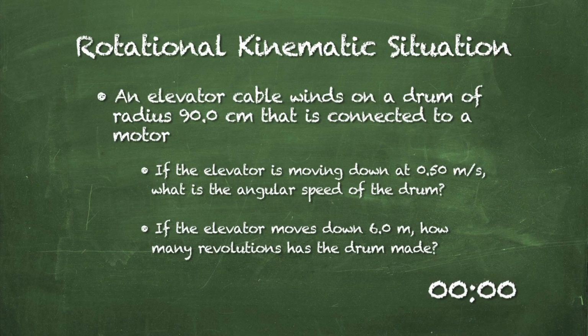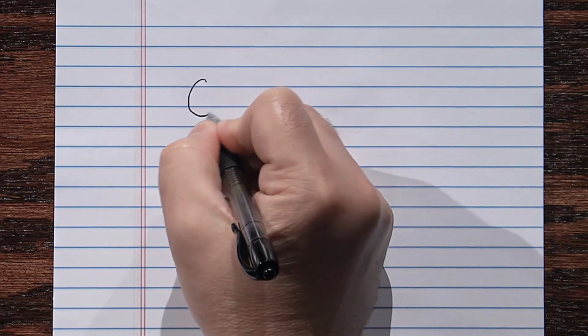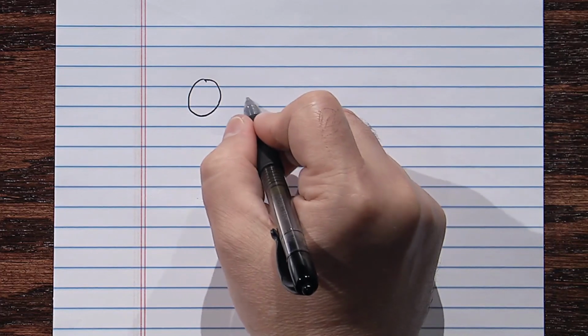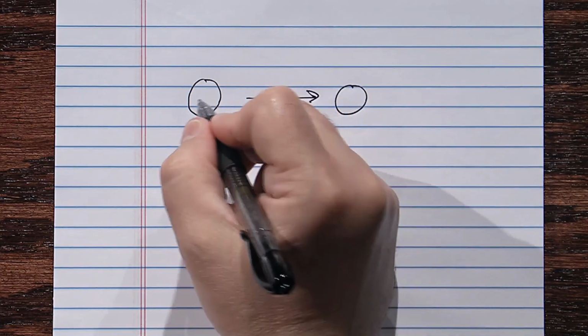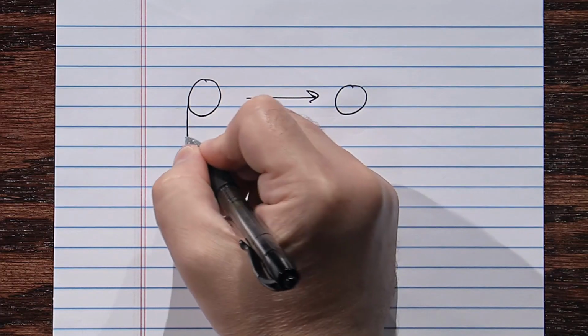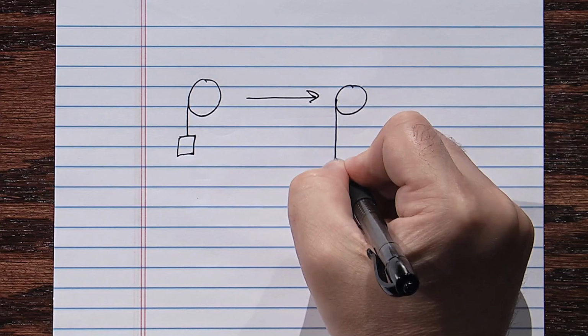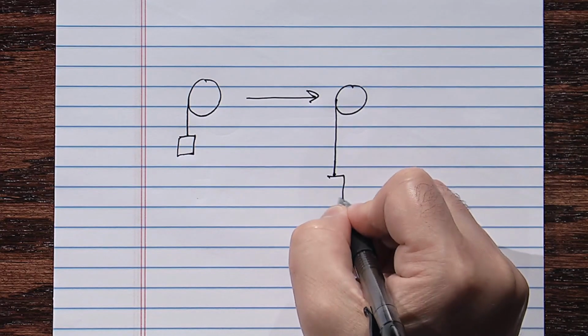Okay, well, let's draw our diagrams. Here's our elevator drum initially and finally, and we have the elevator hanging off of it. The elevator moves down.